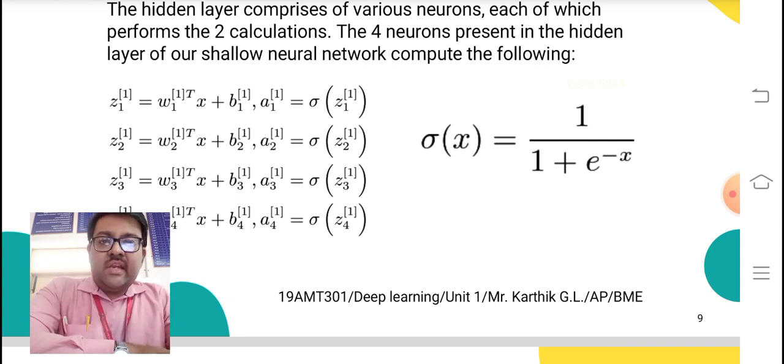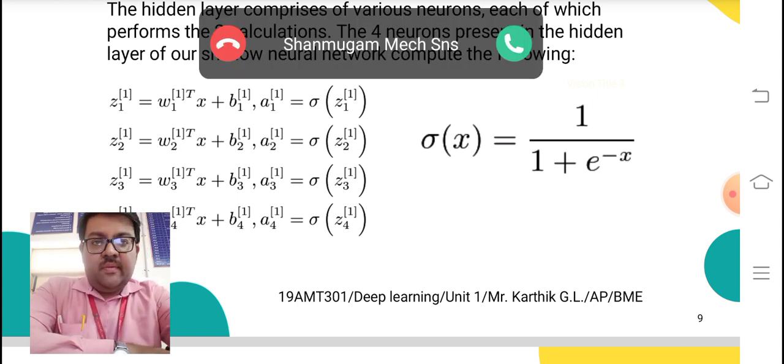So the number inside the bracket is the layer number, and the number in the suffix is the neuron number. For example, Z1 of 1 indicates Z corresponding to neuron 1 which is present in the first layer. W1 of 1 indicates the weight of the first neuron present in the first layer.